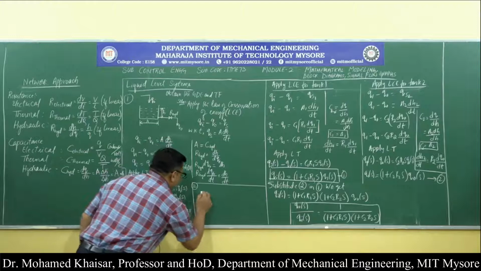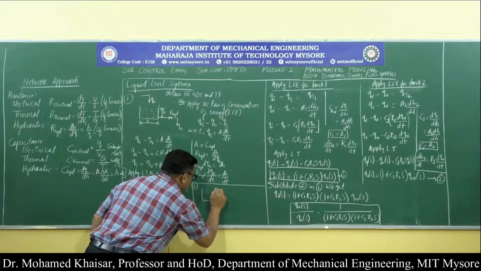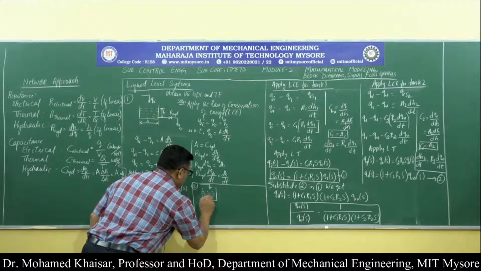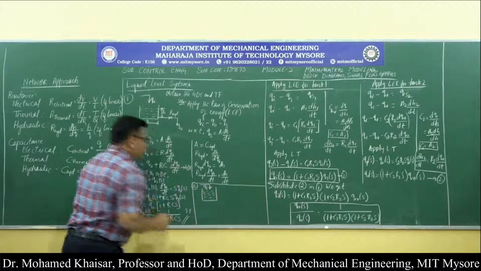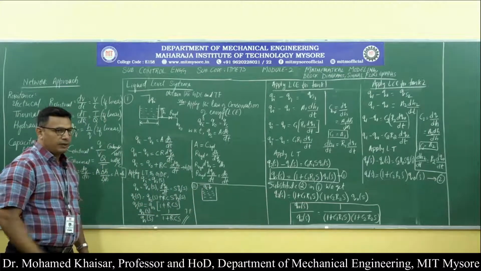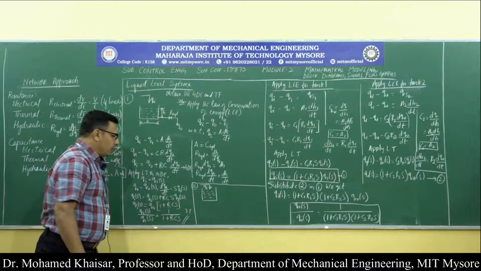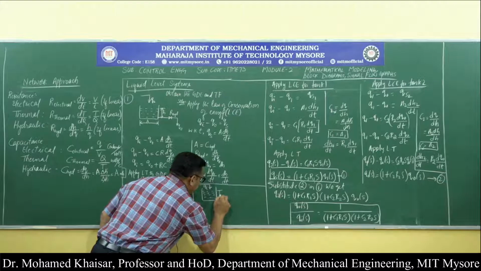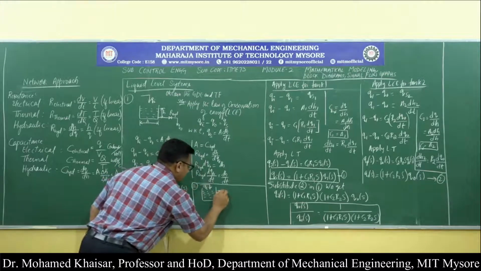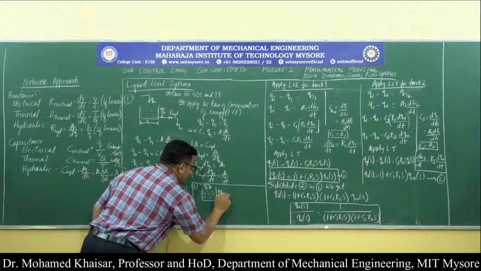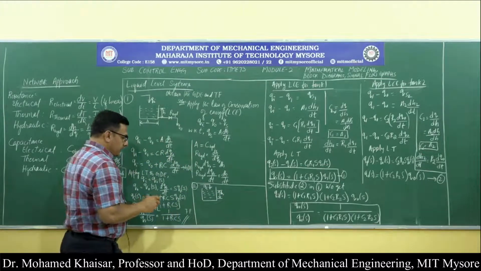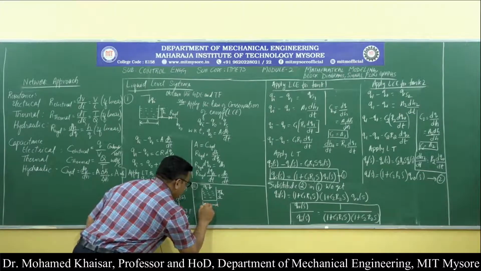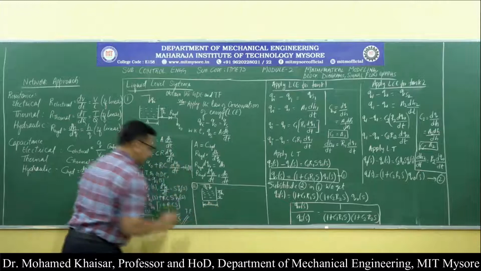The problem given to us is: a tank is getting filled with liquid at the rate of flow Qi. It maintains a head of H1, and the surface area of the tank is A1.